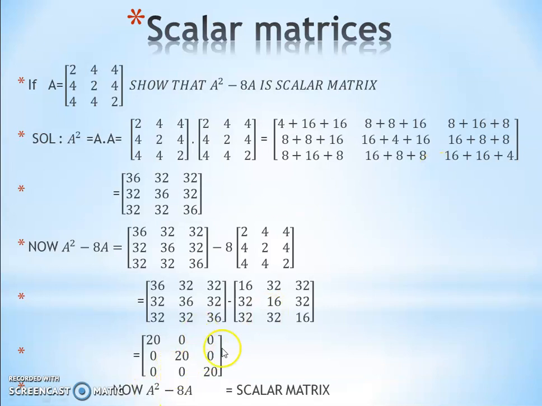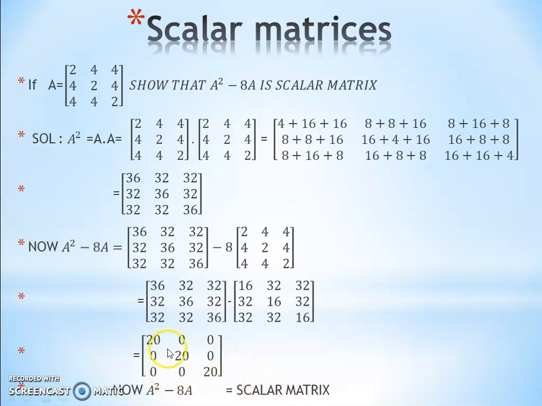How is it scalar? If I take 20 outside, I remain here with 1, 0, 0, 0, 1, 0, 0, 0, 1. That is also the identity matrix. So we multiply 20, 20, 20. So we derive the final answer: A square minus 8A is equal to 20, 0, 0, 0, 20, 0, 0, 0, 20.